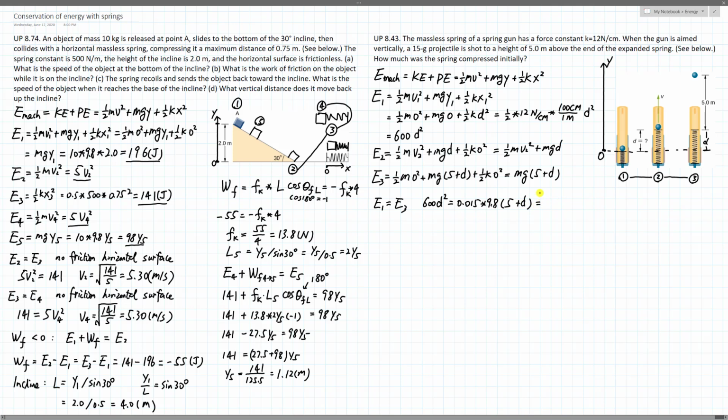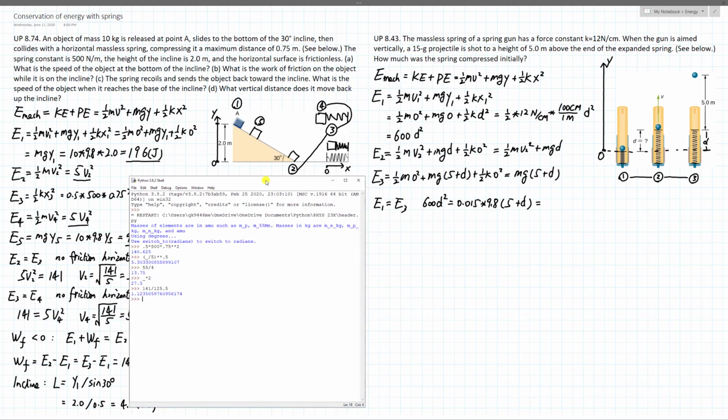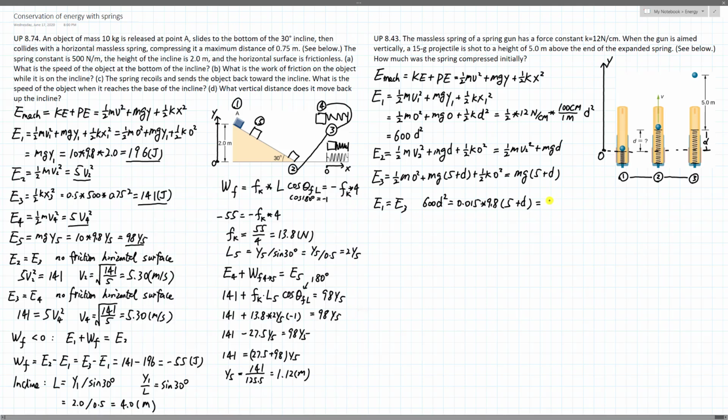Let's use our calculator. 0.015 times 9.8, so that's 0.147. If I just multiply this by 5, that's 0.735. So 0.147 and 0.735.